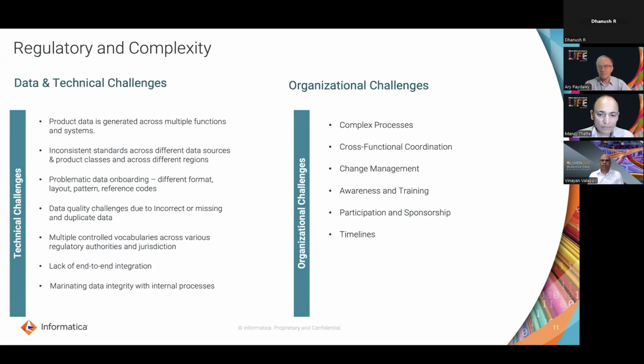Vinayan? Thank you, Ari. Yes, there are a lot of challenges when you do an IDMP implementation. I would like to focus on one challenge that we faced. In a pharma company, the data for IDMP comes from various source systems within the organization, and the systems are managed by different departments and different stakeholders.